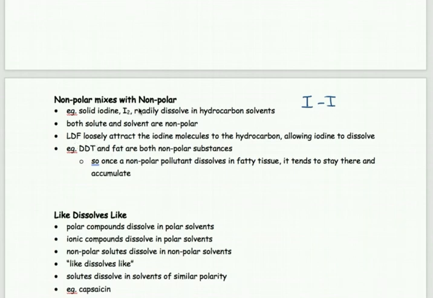So it is a bit of an issue out in the environment. There are some pollutants that are nonpolar, and all animals and humans have fats in their bodies. So basically, if they can get the pollutants in their body, the pollutant will actually dissolve into the fat. Normally, if you take some water and drink it, you can wash some stuff out of your body, right?